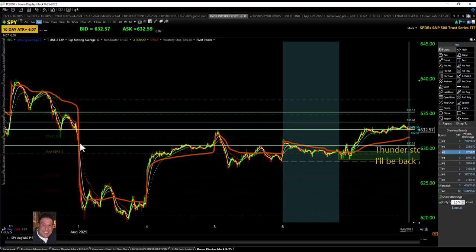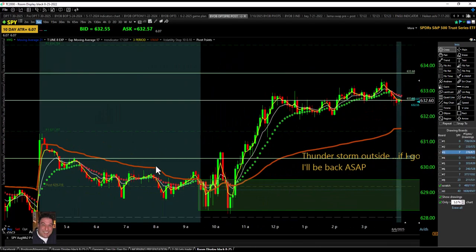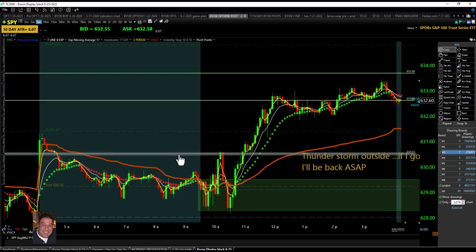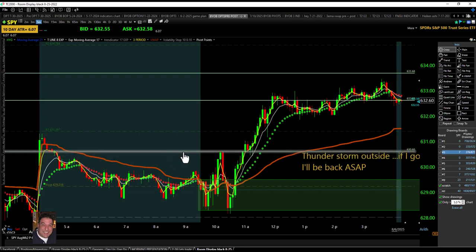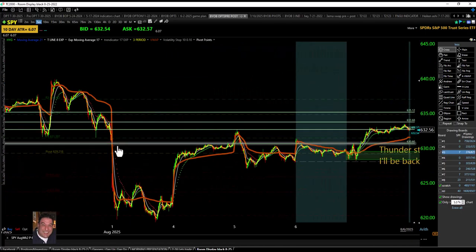So we hit that. Then price, let's move it up just a little higher, see where that is. Yeah, we hit a gap fill from a previous day right up into here.